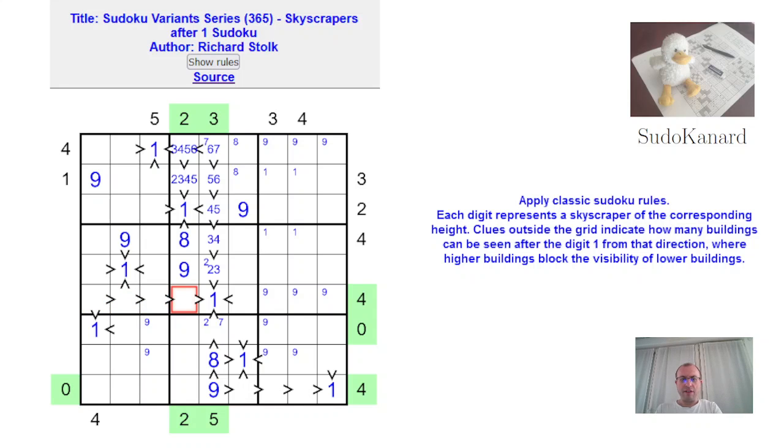This is at most 5. So that's huge pencil marking. But actually, looking at this 4, we must see 4 buildings. 9, 8, 7, 6. So this is 6 maximum, which proves the pencil marks a lot.